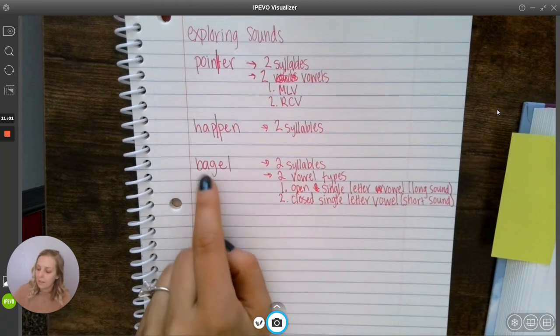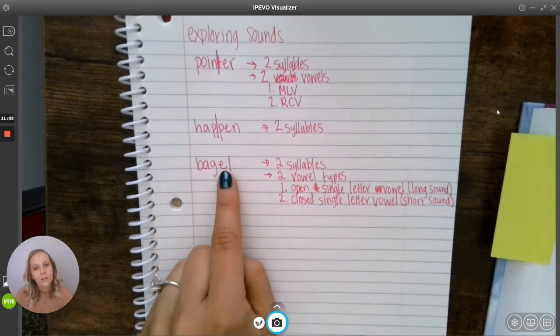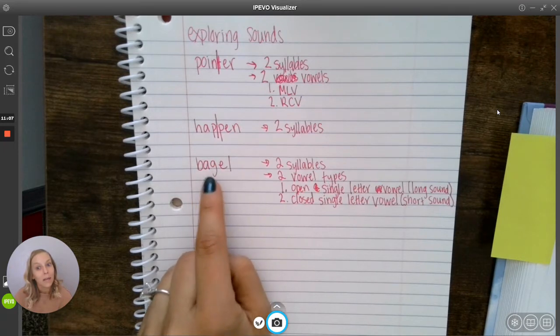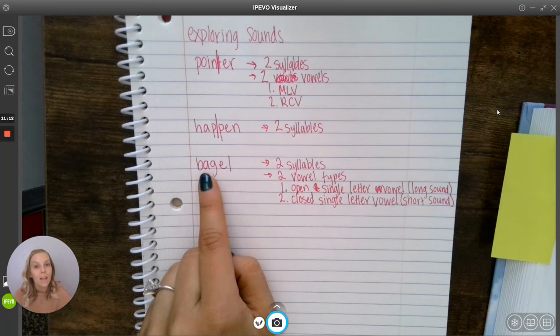Do you remember why this one is open and this one is closed? Bagel. Bay is our first syllable, and it doesn't have a consonant after it. It's at the end of the syllable. The sound A comes at the end of the syllable.